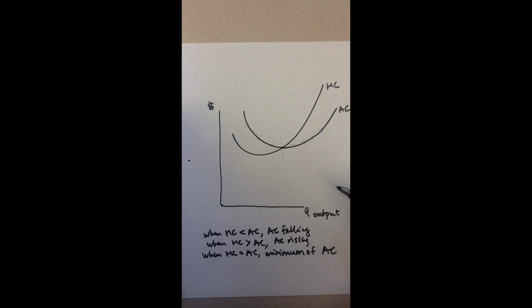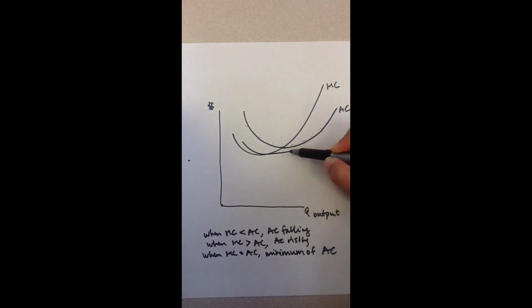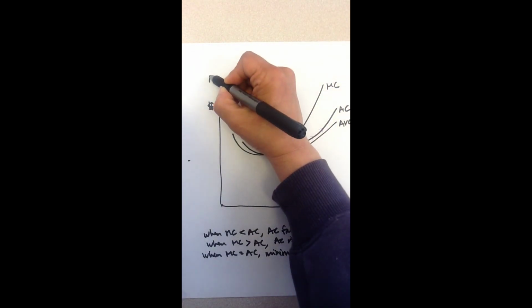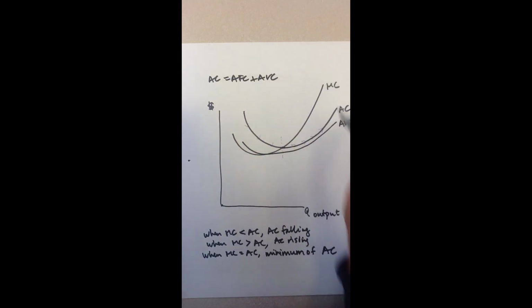We also can draw average fixed cost and average variable cost. So that looks like this. So average variable cost, they're not parallel, because we know that average cost is equal to average fixed cost plus average variable cost.